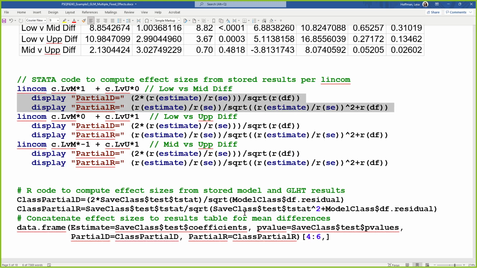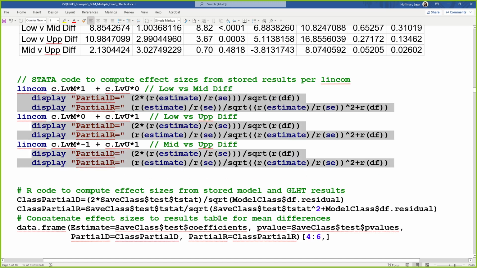It's accessing the stored results for you to get the things that we need. So I have 3 sets of these that are identical because each time it is accessing a different result given by the lincoms that are before each.